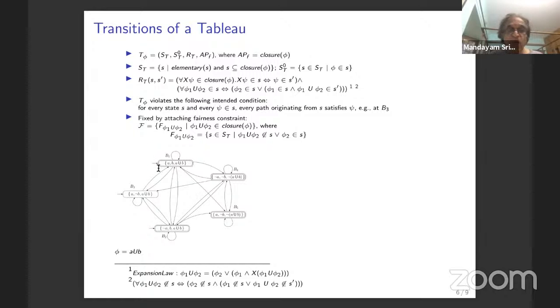All you need to do is to have the same fairness conditions and everything. You have to just flip the initial state, okay? So the tableau for not of F, that is not A until B, is the same as this, except the initial state becomes B4 and B5, okay? So it is fairly simple in that respect.